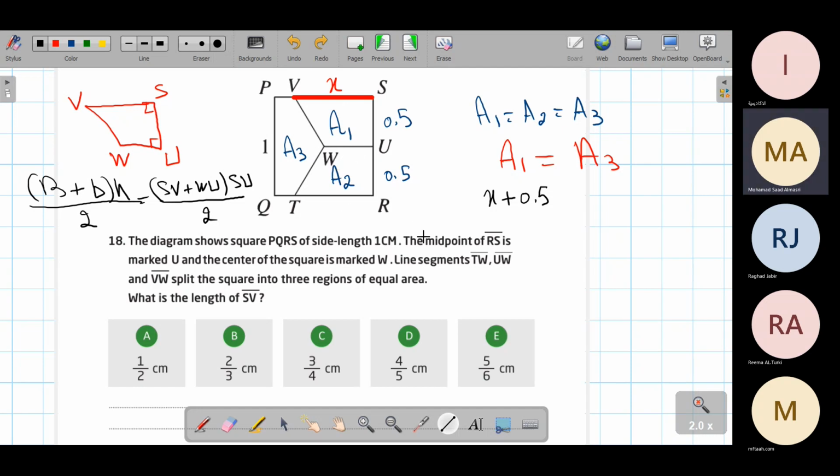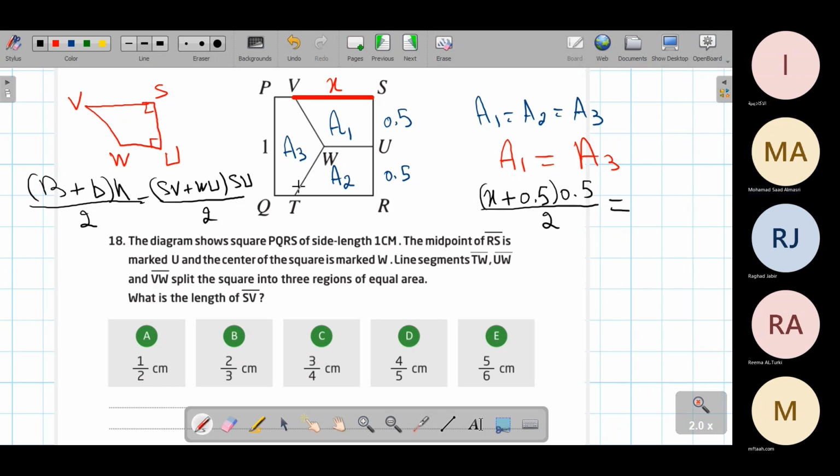So it's 0.5, times SU. SU is also equal to 0.5, over 2. So this is the first area. Understood? Or shall I repeat again? No, it's clear. The area of A1.